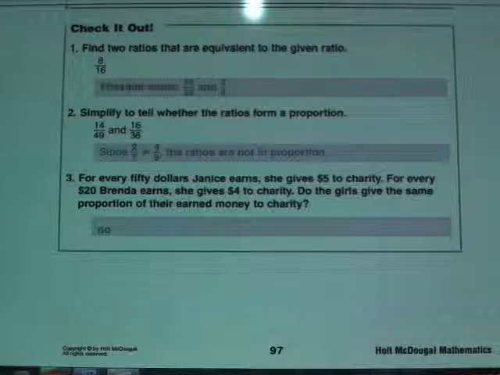All right, number 2, 14/49 and 16/36. They're asking us to tell whether the ratios form a proportion. Now, looking at their answer, what that means is they had to have reduced the fractions. Well, let's reduce the fractions. This is not difficult. With 14 and 49, we can chop 7 out of 14 and 49. Why? Because that's the greatest common factor of 14 and 49.